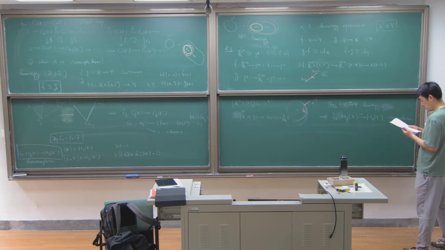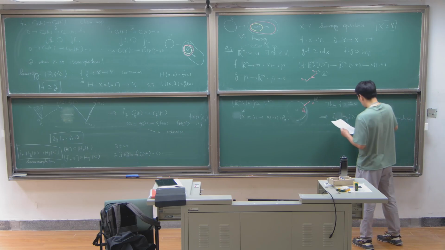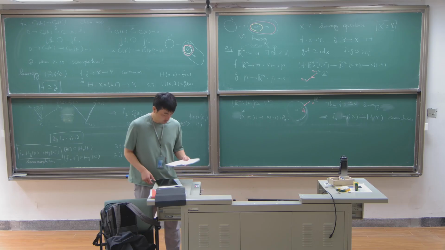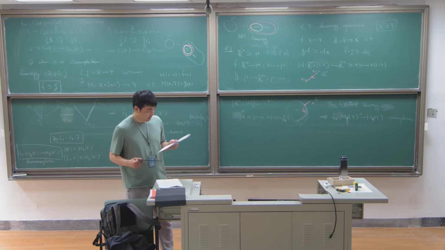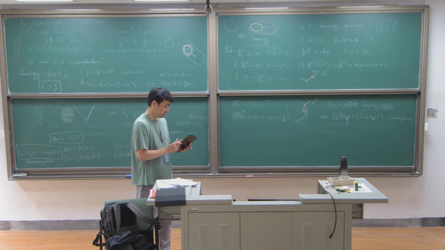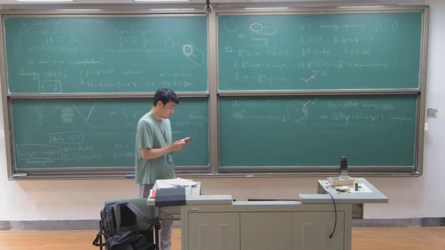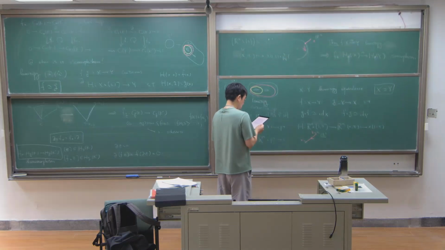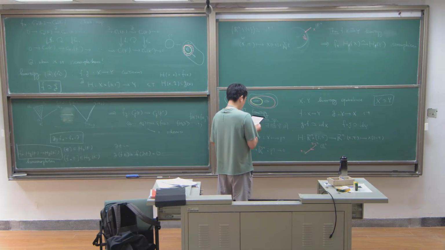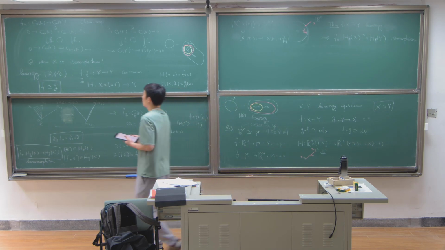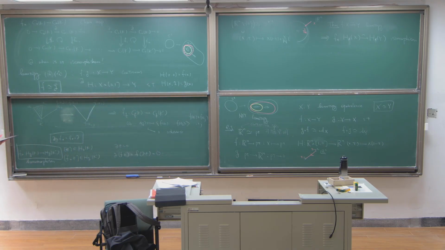So this 这个同伦等价的空间具有相同的同调群. Okay, so that's the case.